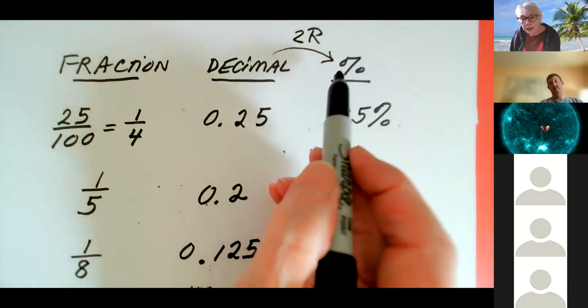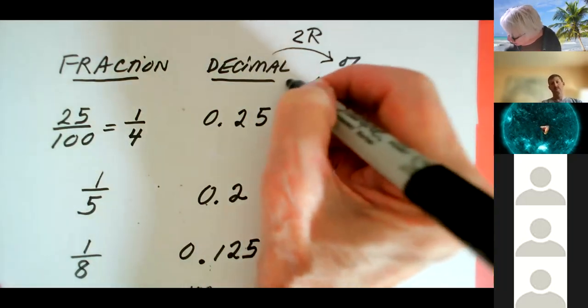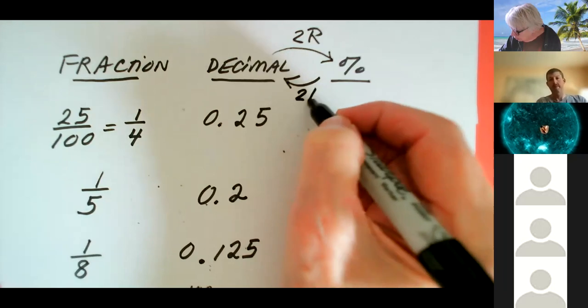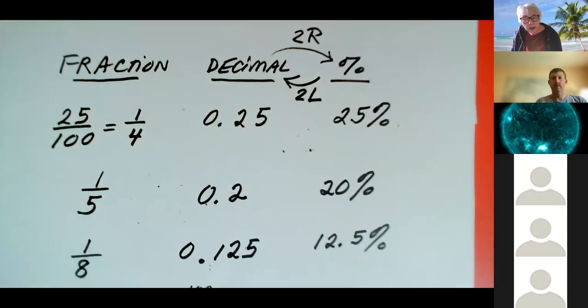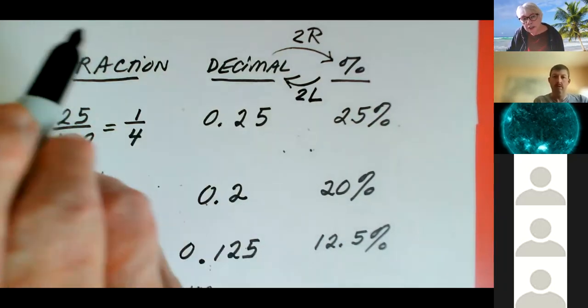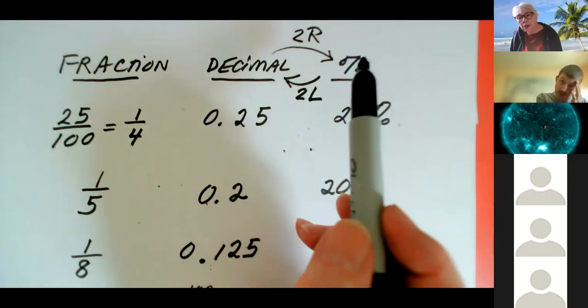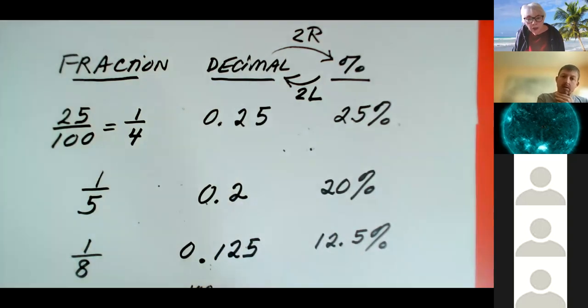When you're going here and going backwards, from there to there, the decimal goes 2 places to the left. So the position of the titles actually helps. So you're going here to the right, you're going back to the left. And it's always 2 places because we're into percent, 2 places. How's that?